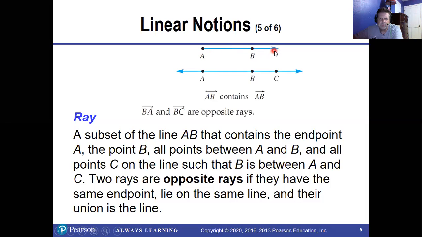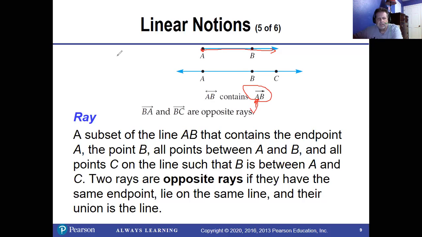It also has to have an arrow over here. As we go from here to here, we call this ray AB. It is part of line AB. Notice here's line AB, but AB is my ray. The first letter is always the endpoint, not the arrow point. You must start it with the endpoint.